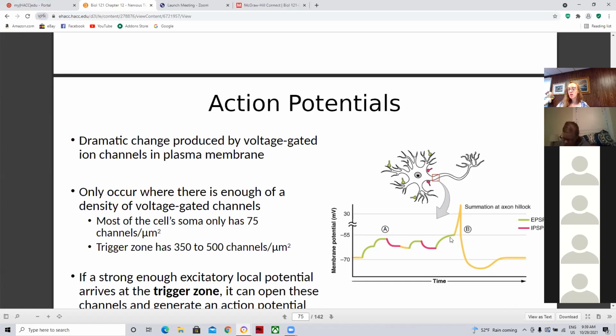At a certain potential of minus 55 millivolts, this is a threshold level, we will initiate an action potential, but we have to reach this minus 55. We have to have enough depolarizing membrane potentials that aren't being canceled out by hyperpolarizing membrane potentials that we can reach this minus 55.